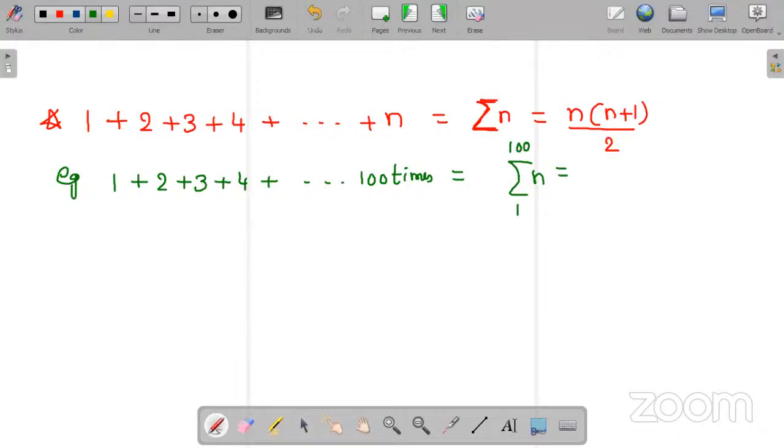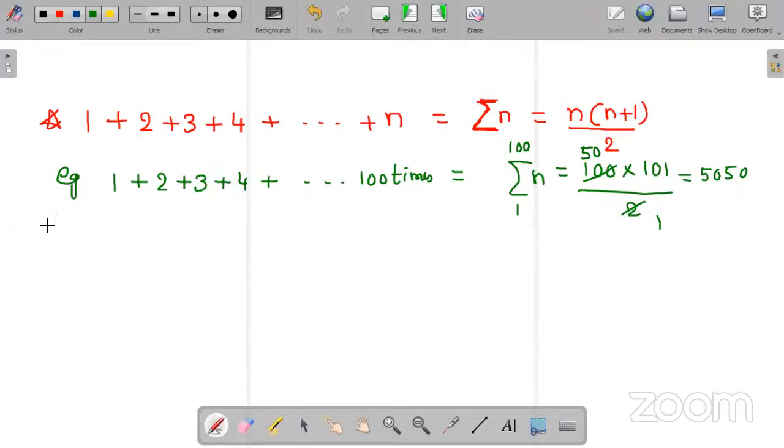In the place of n, substitute 100. 100 into 100 plus 1, 101 by 2. So 2 into 50, 50 into 101, you will be getting 5050. So the sum of the first 100 natural numbers is equal to 5050. Clear? Okay, Uma, welcome. Right, Varshini.